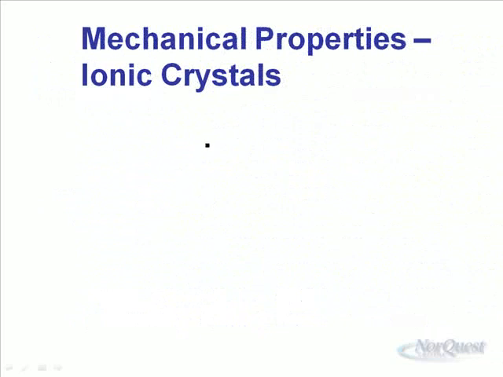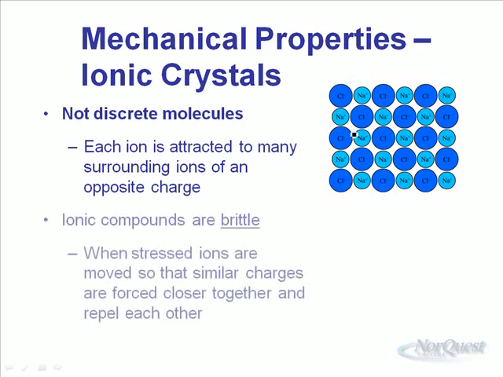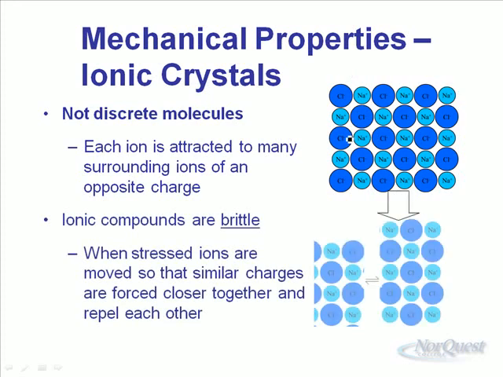Other properties. If we look at mechanical properties of ionic crystals, since they're not discrete, each ion is attracted to the many ions that surround it. If you put any pressure on part of the structure, what you end up doing is you end up forcing like charges beside each other. So if you hit one side, let's say we take our hammer and we whack one side of our crystal.